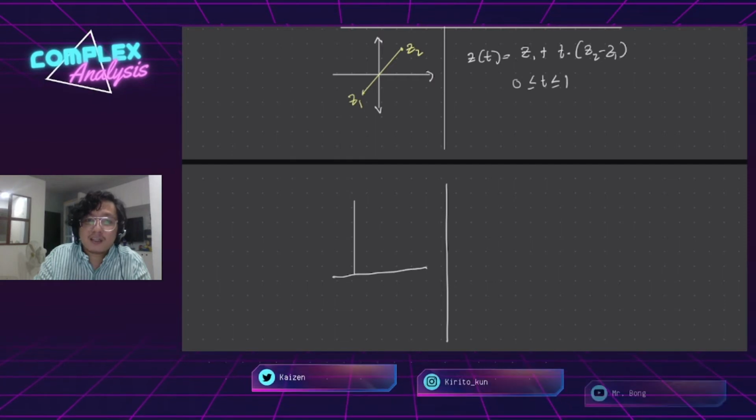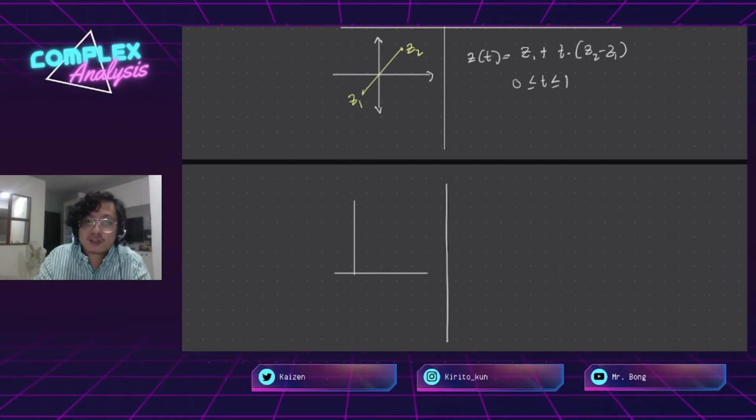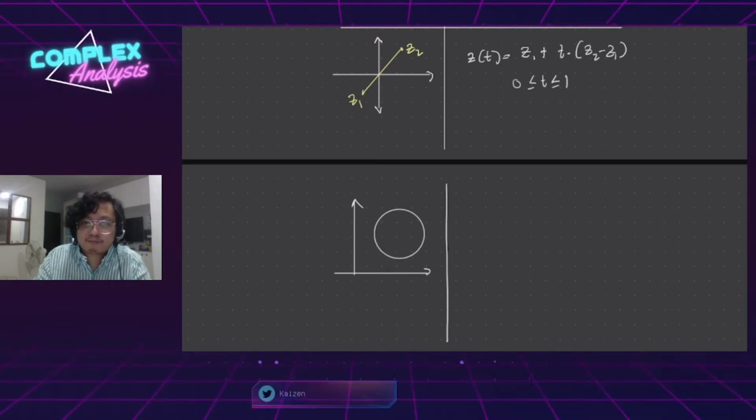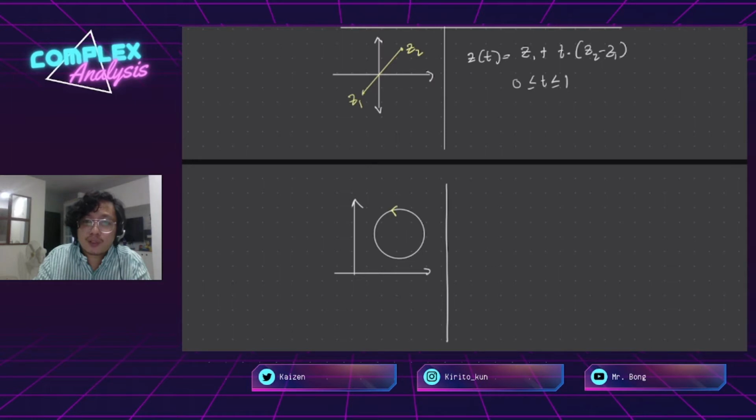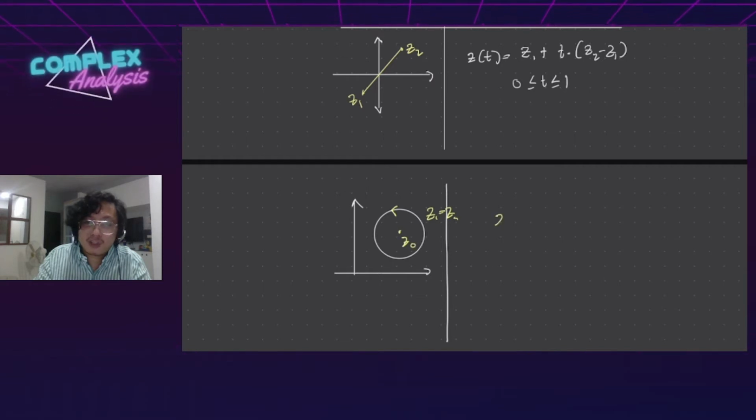So if instead you are using a path in a circle, we have this circle with the center z0.